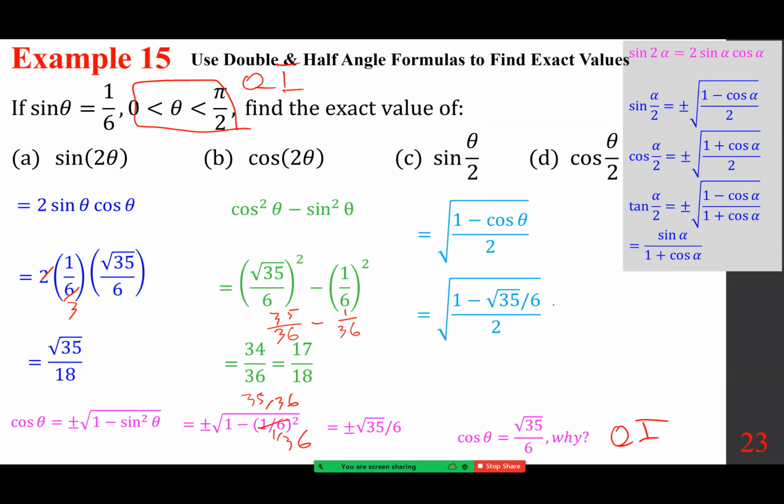If I multiply this one by 6/6, I get 6 minus square root of 35 at top, and this changes to 12. Now 12 is 4 times 3, 4 comes out as 2. And that's what you get.